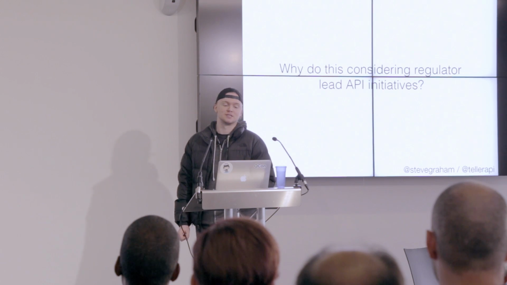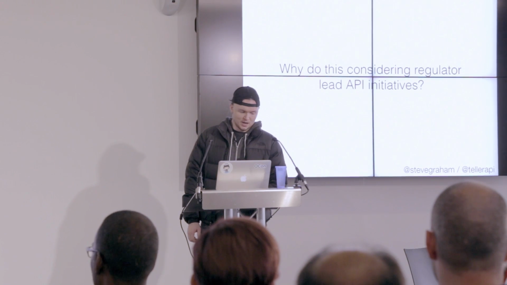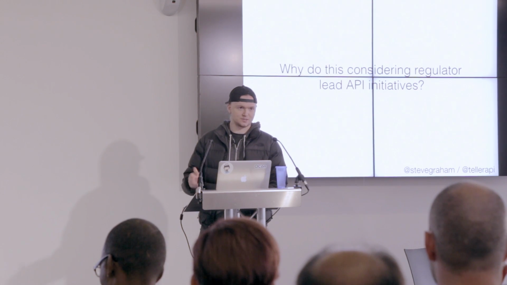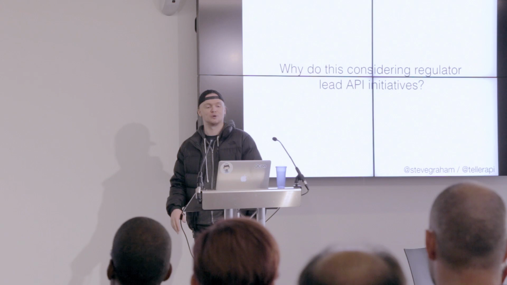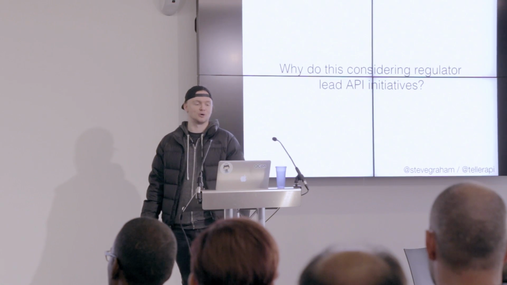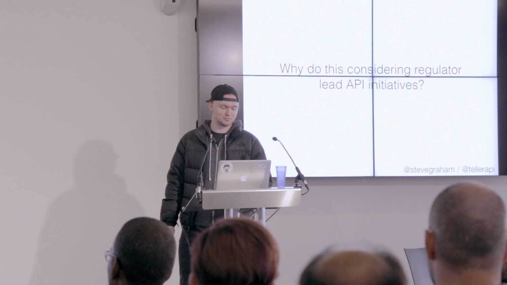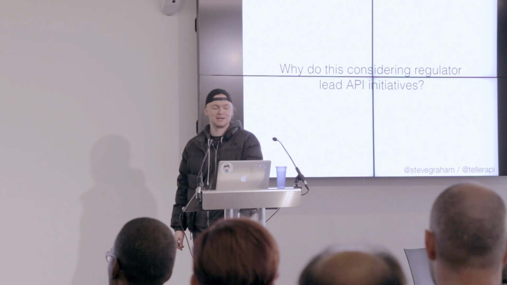So that takes me on to the next point. Why do this, considering regulator-led API initiatives? Well, circling back to Mike Kelly's talk, there's a little bit of information asymmetry there. You're all probably going to fail at delivering your APIs, so I'm your hedge. But mainly, it's a question of conflicting incentives.